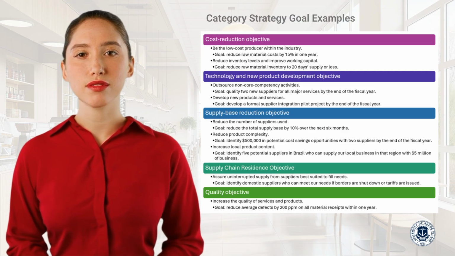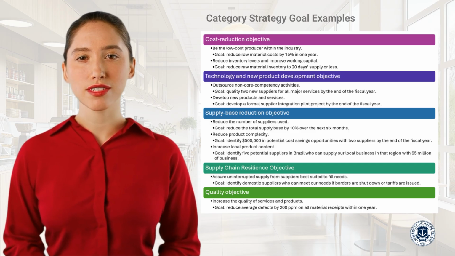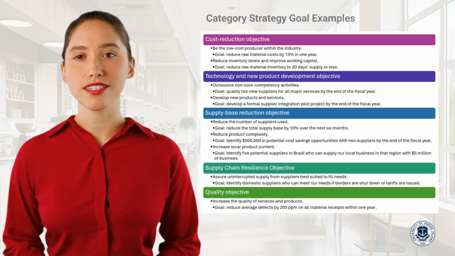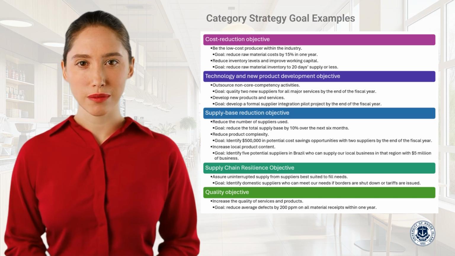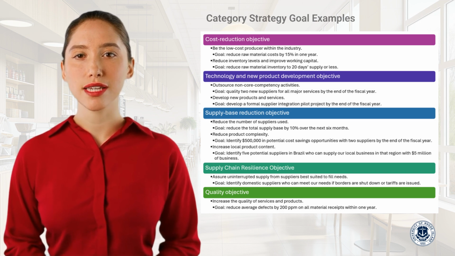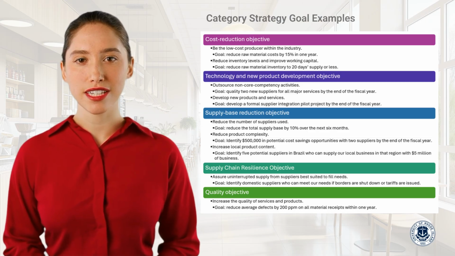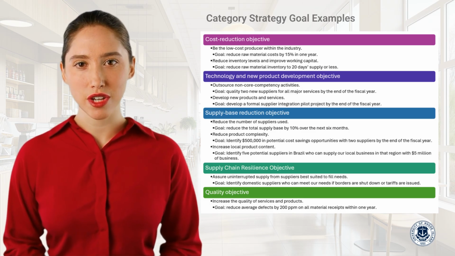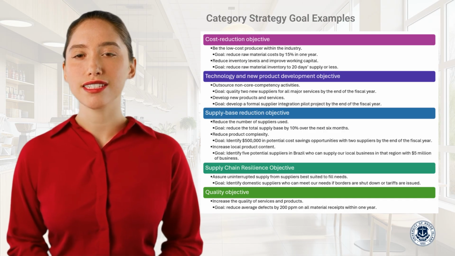Some firms pursue supply-based reduction objectives, such as reducing the number of suppliers or simplifying product designs to unlock cost savings. Others focus on supply chain resilience, ensuring uninterrupted supply by identifying backup or domestic suppliers in case of disruptions. Finally, quality objectives may target measurable improvements, such as reducing defect rates across all incoming materials. The key point is that category strategy goals are specific, measurable, and tied directly to business outcomes.